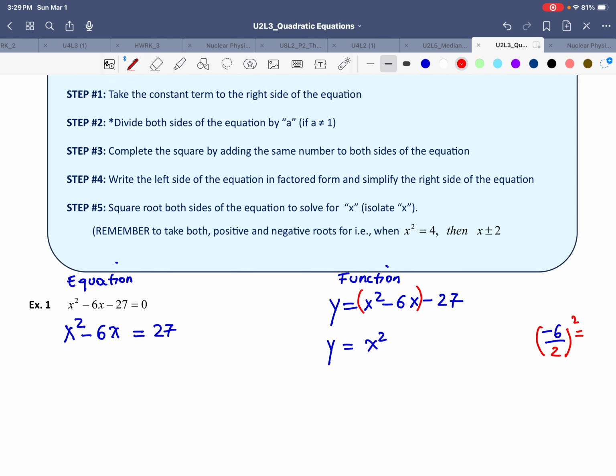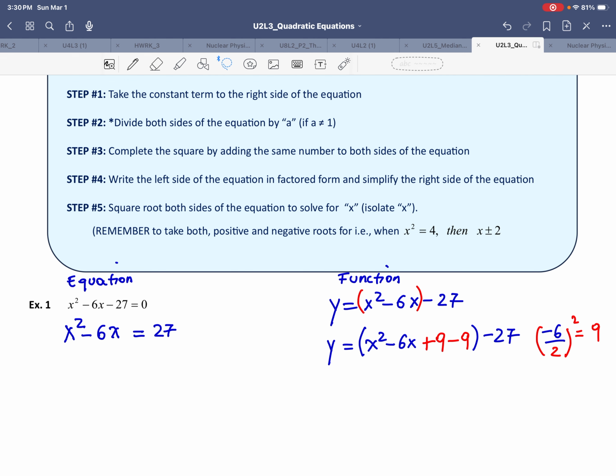And that will give (-3) to the power 2, which is 9. So we said that we're going to write what we have, and then we're going to add 9 because 9 is what's needed to make a perfect square, and immediately subtract 9 because we cannot change the value of the expression. So in this case, we've added just 0, and then minus 27.